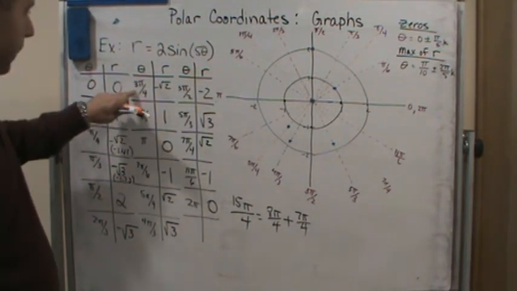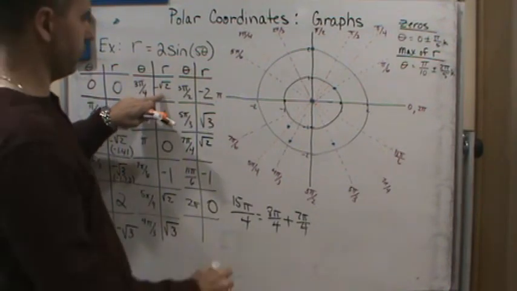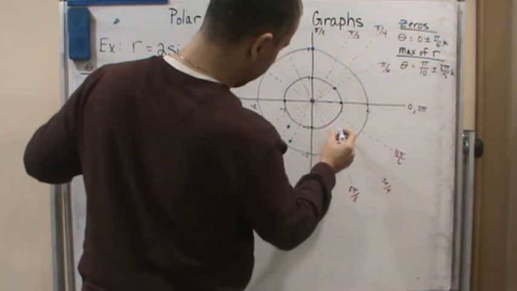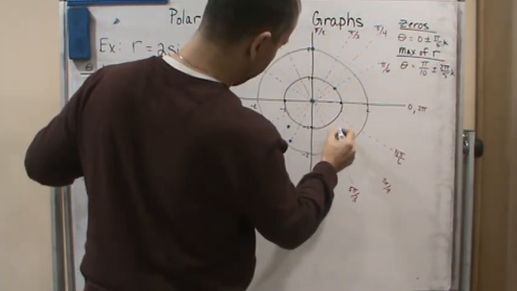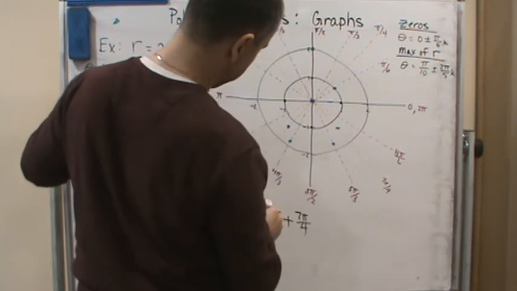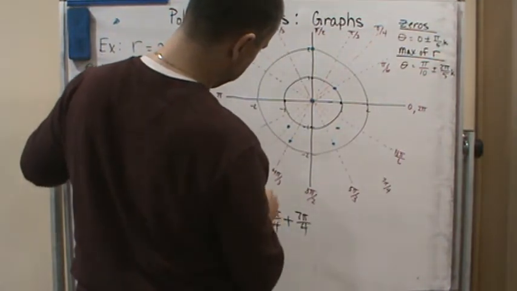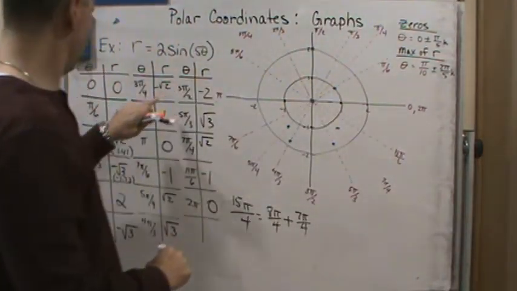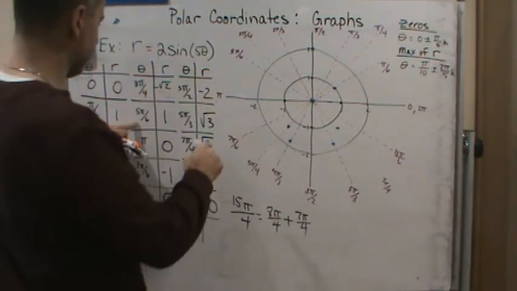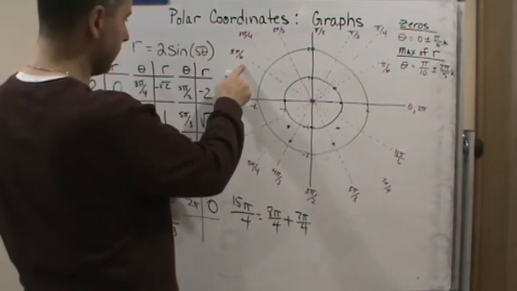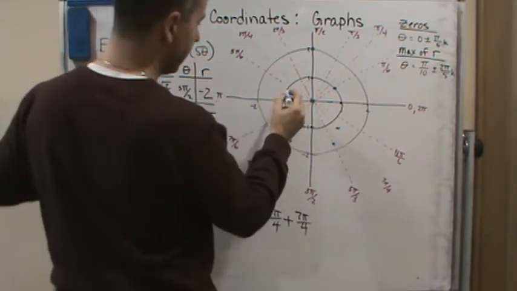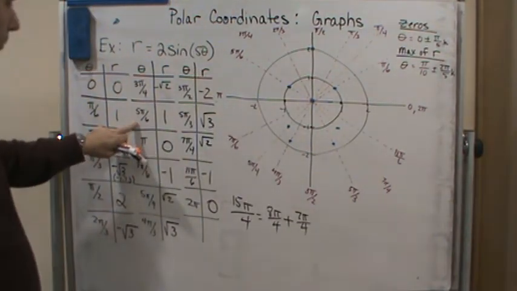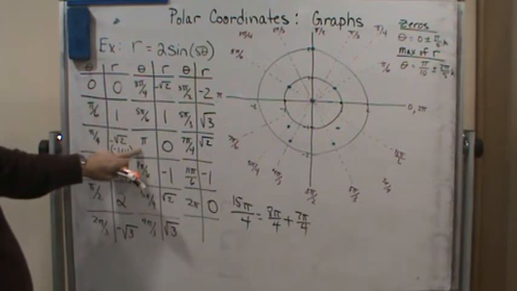And then at 3 pi over 4, it's going to be negative 1.41, which would be, let's say, about right there. Yeah, looks good. And then at 5 pi over 6, it's positive 1, so it's going to be right here. And at pi, it's 0.